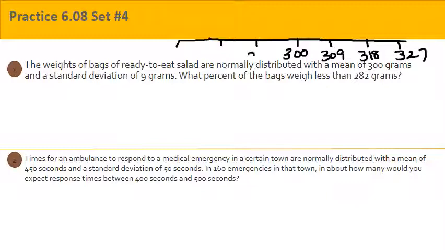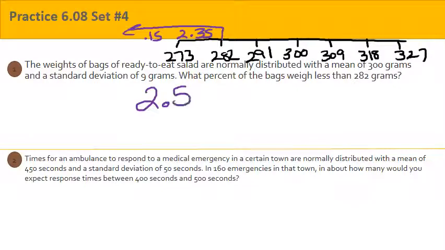Subtract 9 going down, so that's 291, 282, 273. What percent of bags weigh less than 282 grams? So that is below right here. So if you look at your percentages, you're going to have 2.35% here and 0.15 below. Add those up and you get 2.5%.